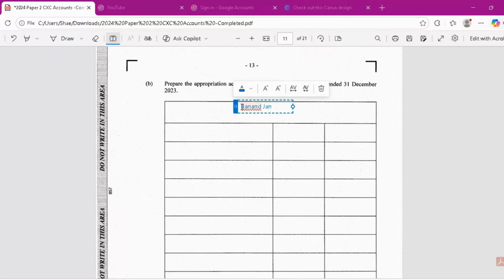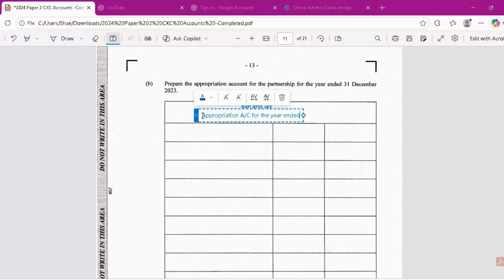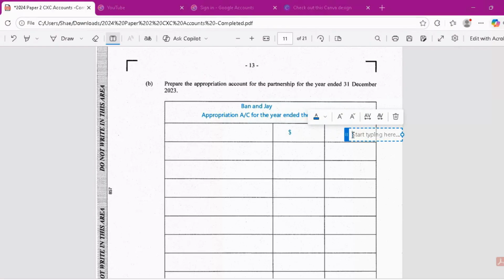and J, and then I'm going to have appropriation. Put your dollar signs. All right.